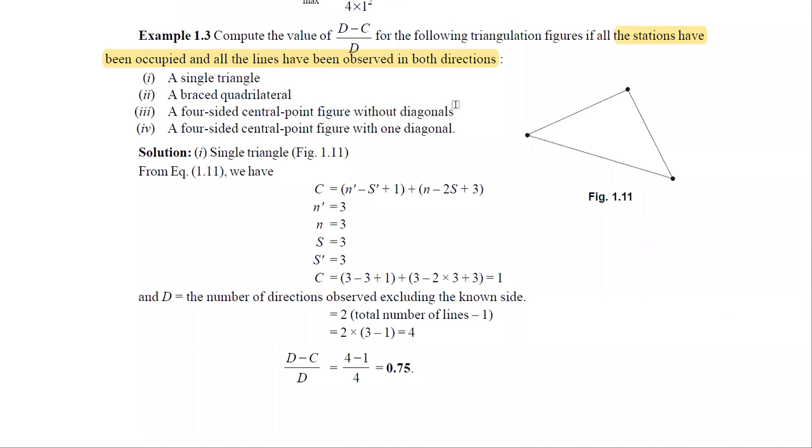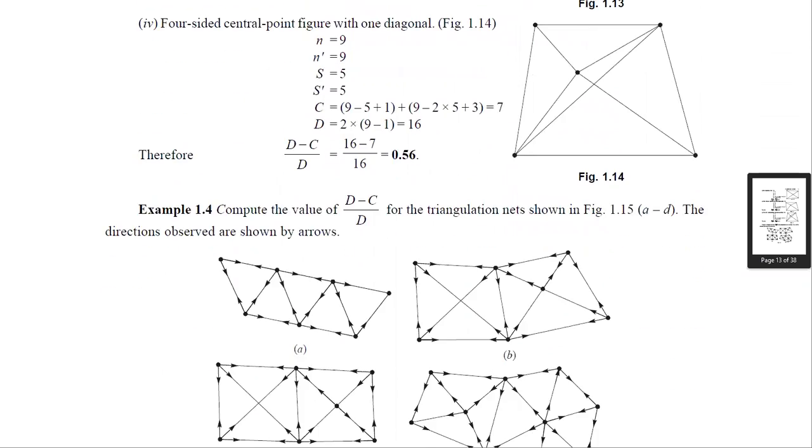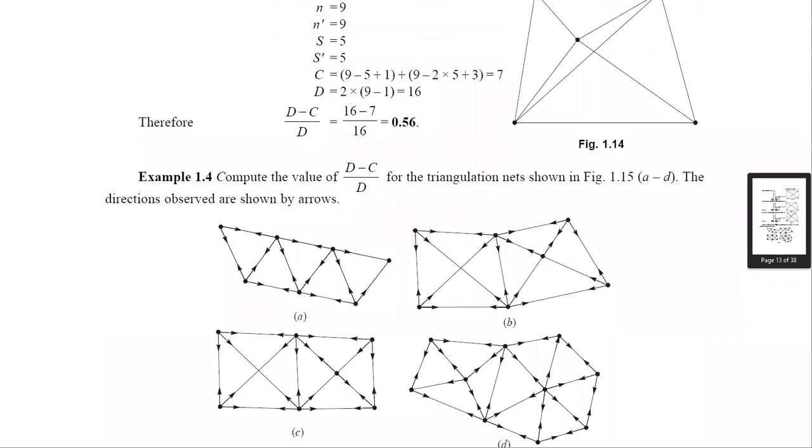But now we'll see an example in which we'll have to look for whether the stations have been occupied or not and whether the lines have been observed in both directions or not. So let's see four different examples here in this question and we'll find out these terms.